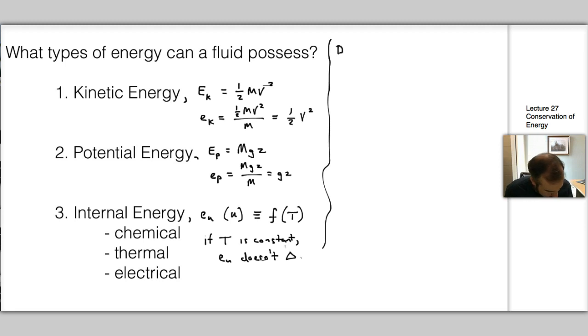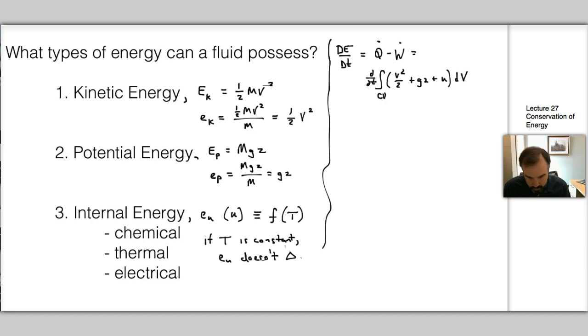So we're going to say that dE over dt is equal to Q dot minus W dot, is equal to d over dt times the integral over the control volume of rho times (v squared over 2 plus gz plus u) dV, plus the integral over the control surface of rho times (v squared over 2 plus gz plus u) v dot dA.